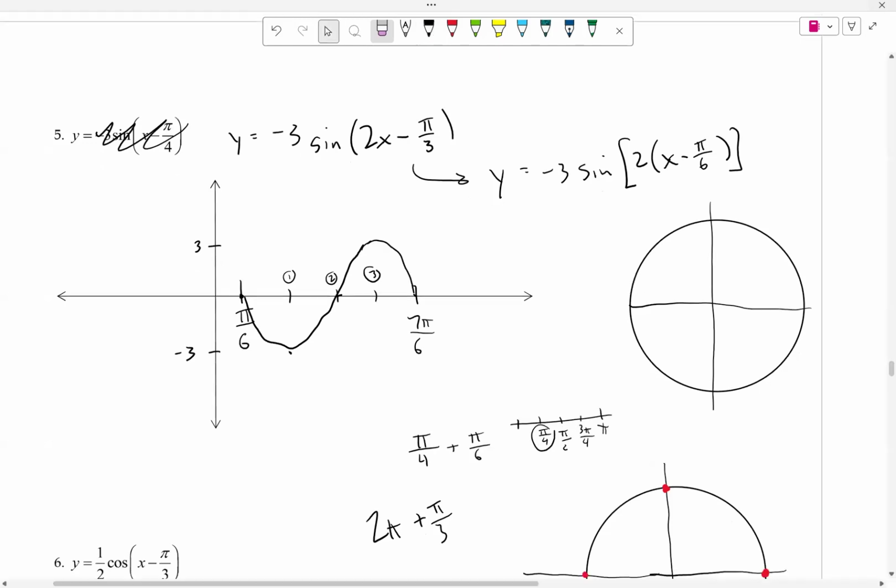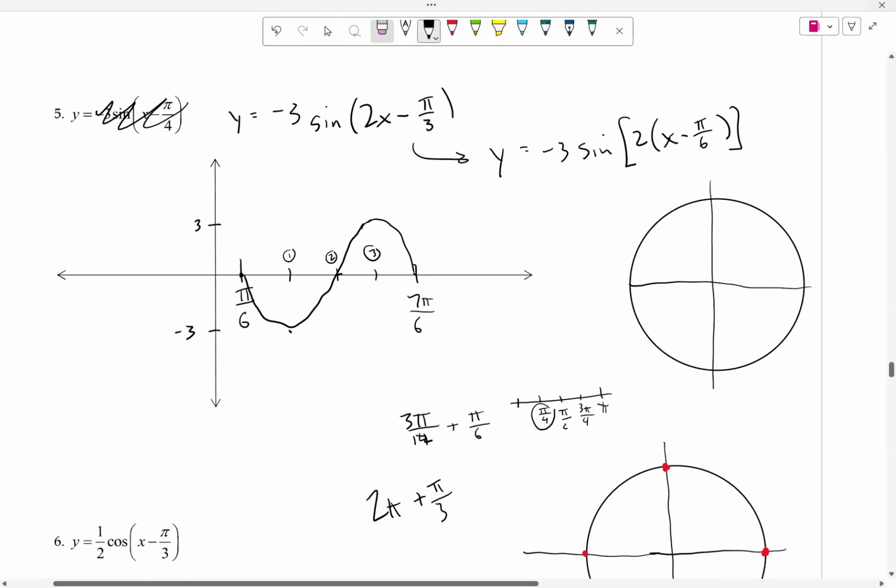Okay. Are we good with this? Nice. Okay. Yeah, and then I just added another. So I got the five. You added another three pi over 12.